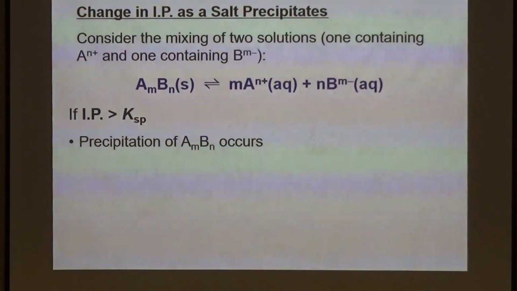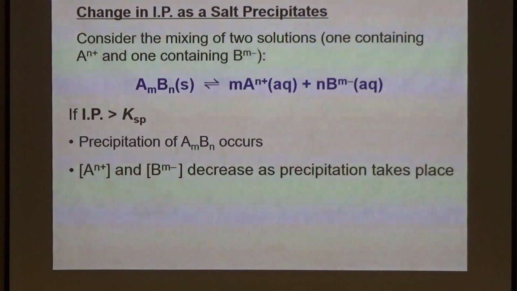Both are solutions, but when you mix them together, a precipitate forms. What is happening is that when you mix them, the ionic product of the silver chloride exceeds the KSP of the silver chloride. So the silver chloride will start precipitating out.